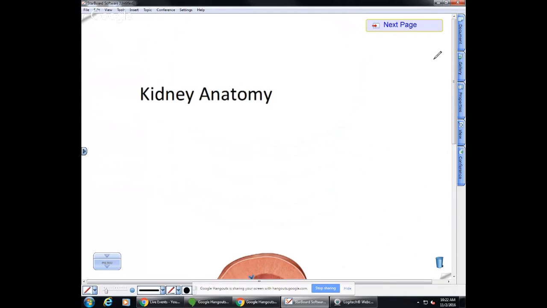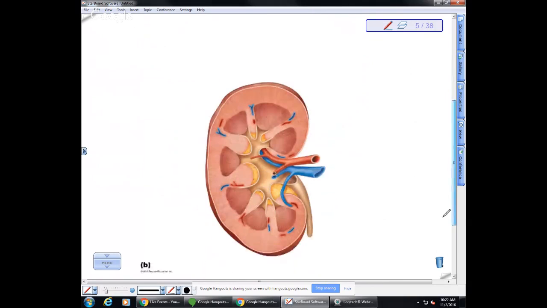Okay, so we're going to talk about the anatomy of the kidney. When we look at the kidney and its shape, in this diagram there's an indentation right here. This is called the renal hilum, H-I-L-U-M, I think, or sometimes it's called the renal hilus.